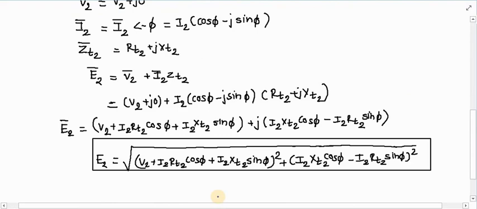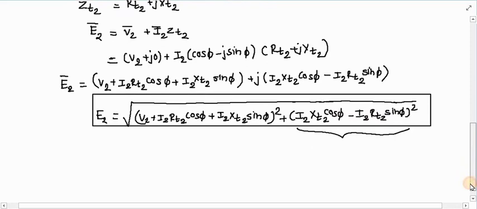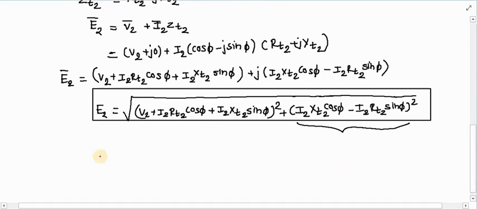Now the resistance and reactance drops are normally very small, right? They are very small compared to your V2. Therefore, this difference I2 XT2 cos of phi minus I2 RT2 sine of phi is also very small and we can neglect it. If I neglect this difference, this gives me the approximate expression for E2 as follows.